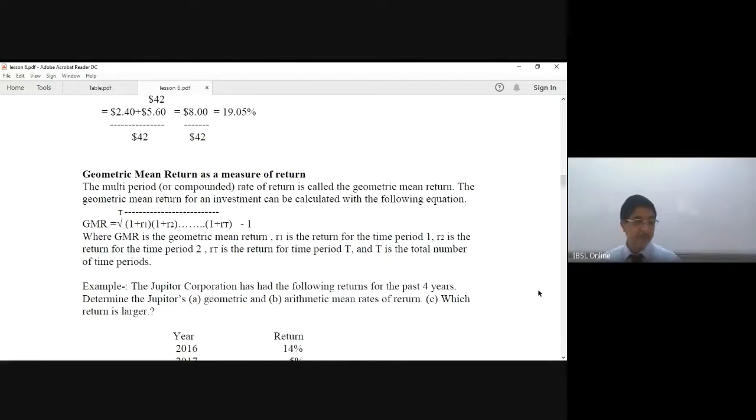Third year, the return is R3. Then how is this GMR calculated? Then we have to say 1 plus R1 into 1 plus R2 into 1 plus R3, third root, minus 1. That is the GMR value. Now we can go for an example.